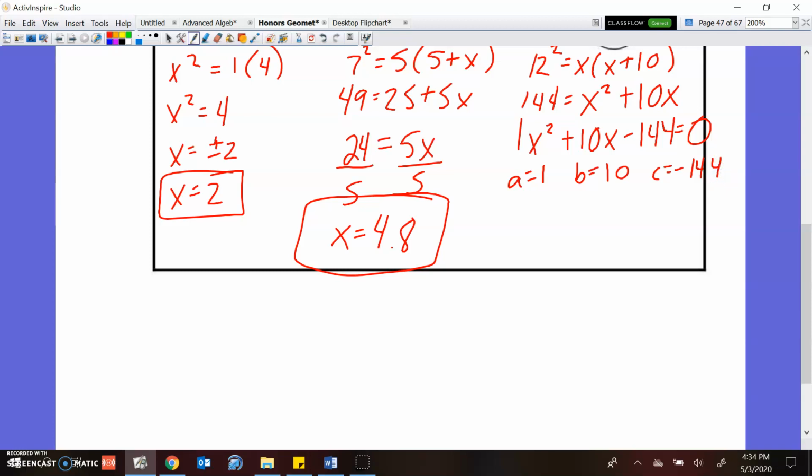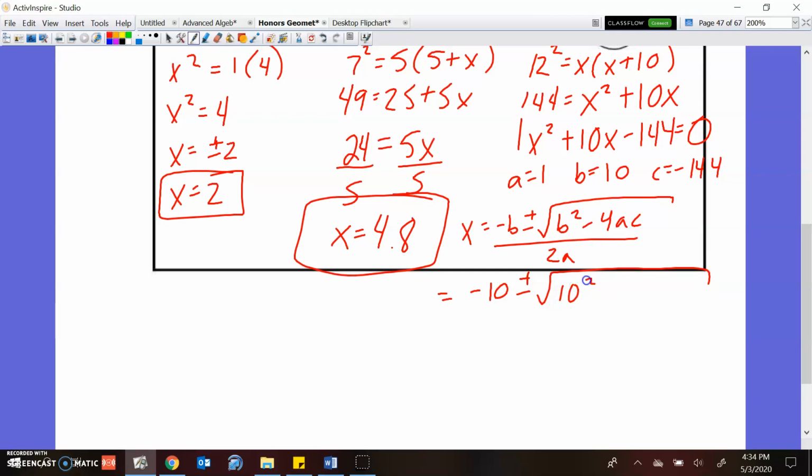So another quadratic. So x equals, I'm just going to write it, negative b plus or minus the square root of b squared minus 4ac over 2a, which turns into negative 10 plus or minus the square root of 10 squared minus 4 times 1 times negative 144, all over 2 times 1, or 2.